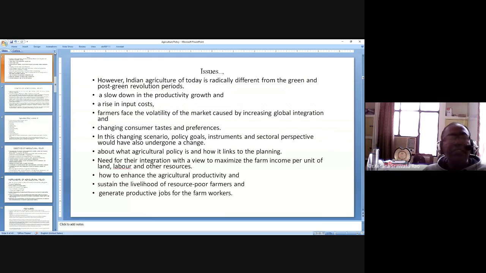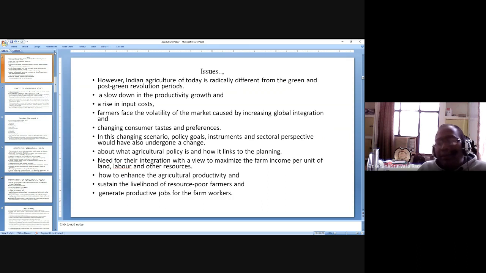In this changing scenario, policy goals, instruments, and sectoral perspective would also have undergone a change. This is what I have to say. What agriculture policy is and how it links to planning, we can also see, because whenever these changes take place, planning is the beginning of each and every aspect. Plan basically means the systematic thinking of future events.